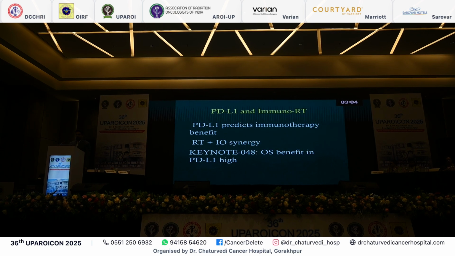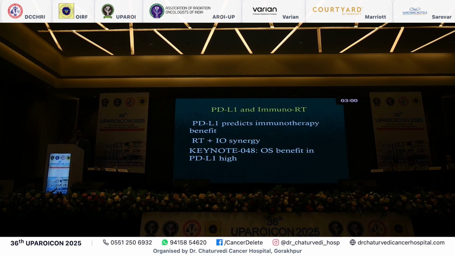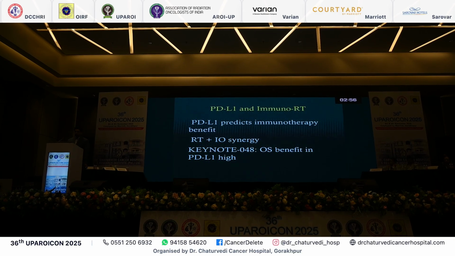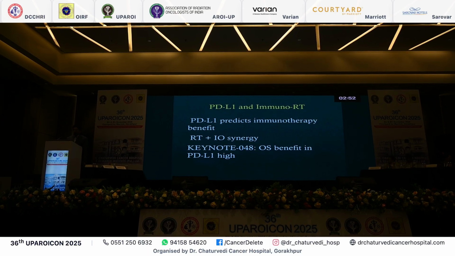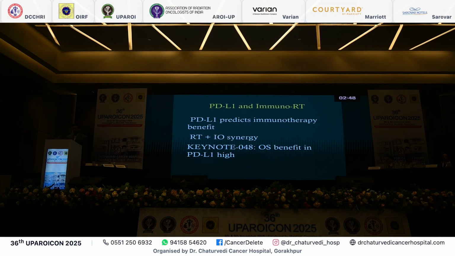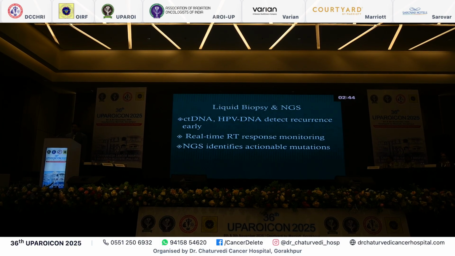Now PD-L1 and immuno-RT. PD-L1 predicts the immunotherapy benefits, and incorporation of RT with immunotherapy works in synergy, and the KEYNOTE-048 has shown overall survival benefit in PD-L1 high patients. Then liquid biopsy and NGS.